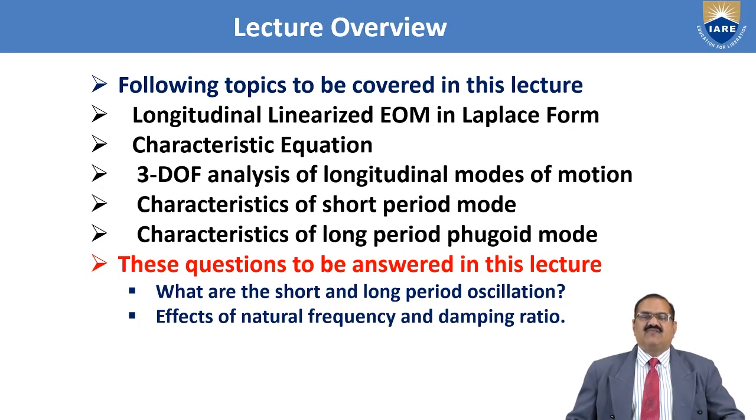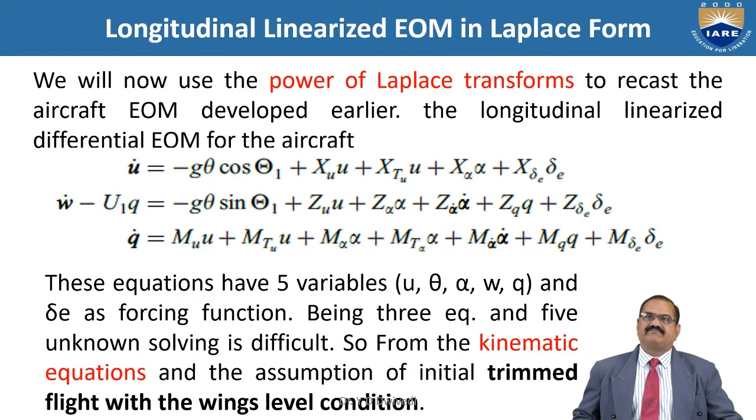In this lecture, we are going to answer the following questions. What are the short and long period oscillation, and the effect of natural frequency and damping ratio in the dynamic stability? These topics I am going to cover.